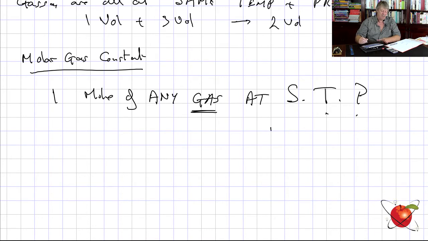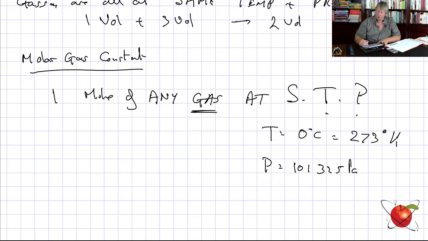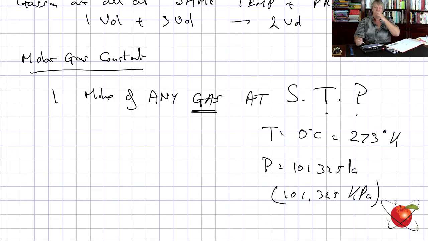The temperature is equal to 0 degrees Celsius, 273 Kelvin, and the standard pressure is equal to 101.325 kilopascals. Those you've seen before, we're going to deal with them again when we get to physics, but that's the standard temperature, standard pressure.